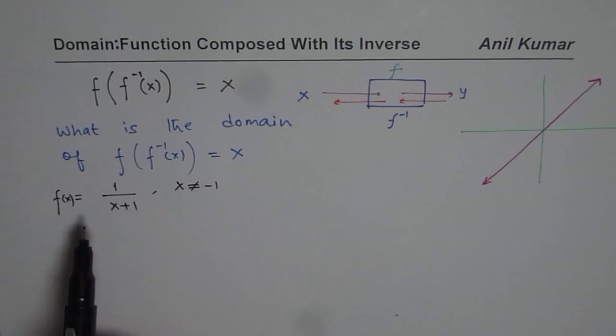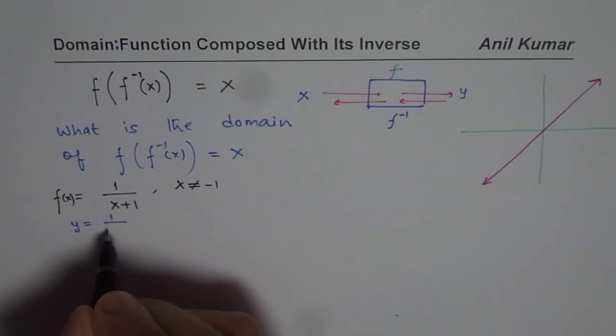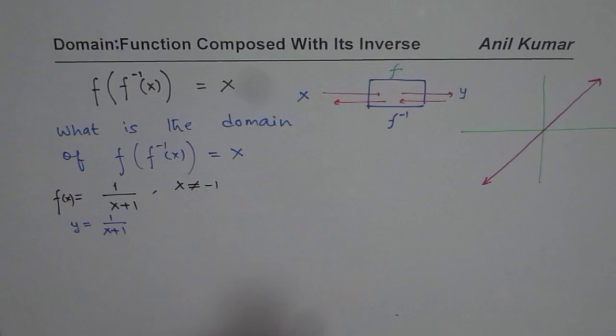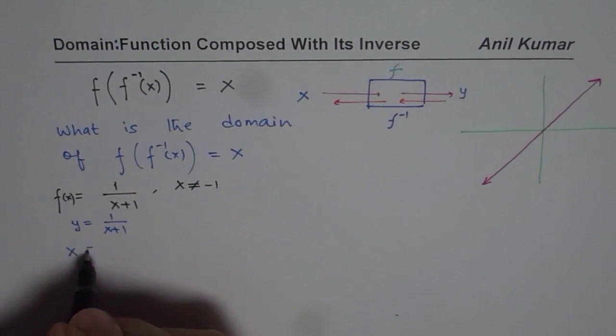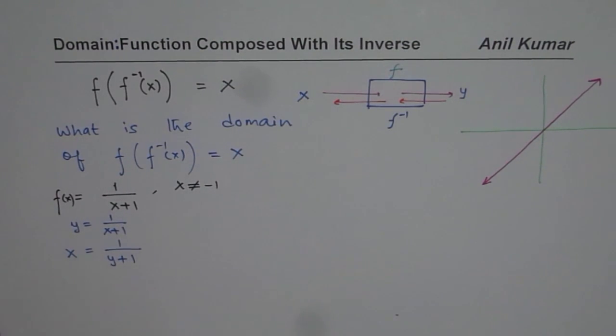Now, first, let us find the inverse of this function. To find the inverse, we have to write this as y equals 1 over x plus 1, and then we will interchange. So we write x equals 1 over y plus 1, and then we can cross multiply. Let me do it here, since I may run out of space.